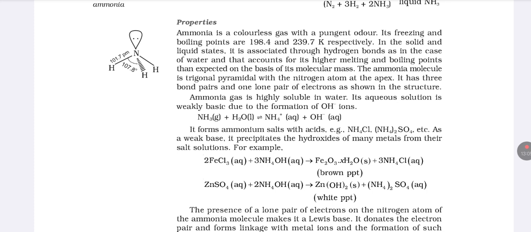The ammonia molecule is trigonal pyramidal with the nitrogen atom at the apex. It has three bond pairs and one lone pair of electrons, as shown in the structure.